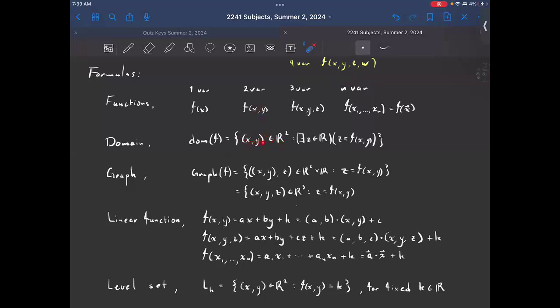Inputs, which are ordered pairs, x, y, in R2, so that there exists an element z of R, the real numbers, where z is equal to f of x comma y. It's the output of applying f, the function, to the inputs x and y.